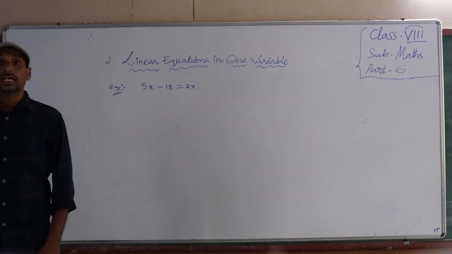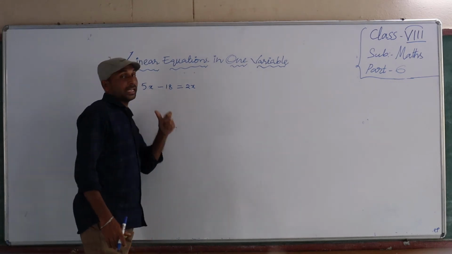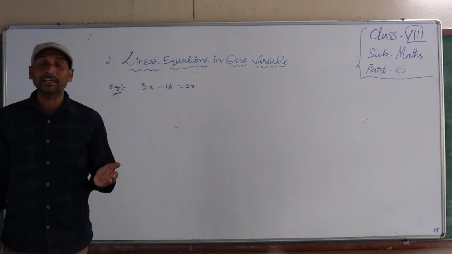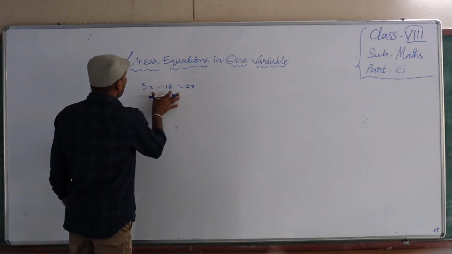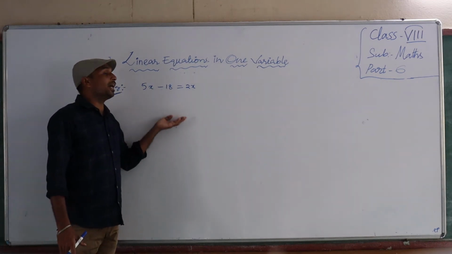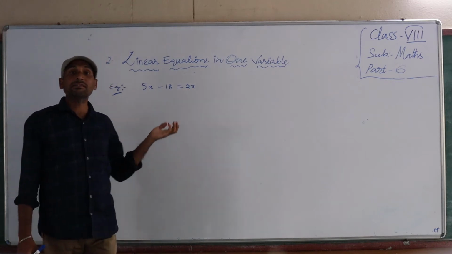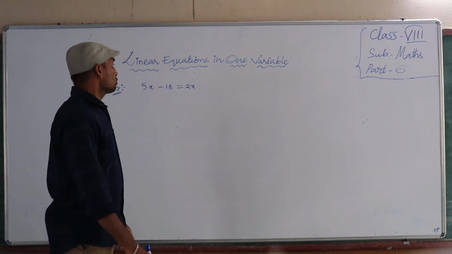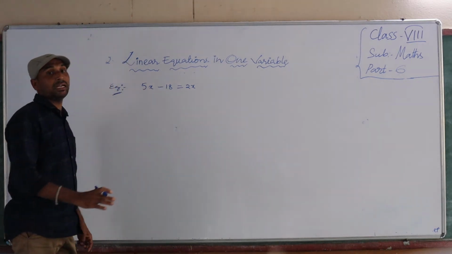So here we are having this variable on both sides, means left hand side and right hand side. Just like before problems, but first here we have to make the variables one side and constants other side. Generally the variable we always write on the left side of the equality symbol.